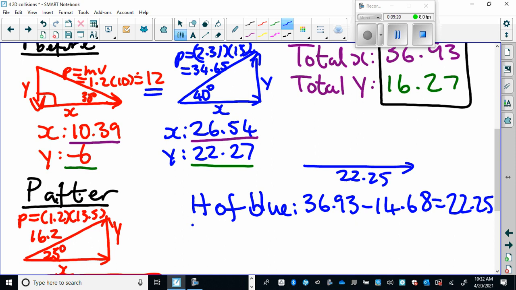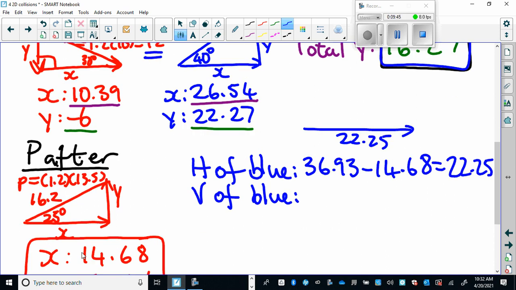The vertical, I should probably just put x and y, but it doesn't make a difference. You get the idea of the blue. Now here's the one that's kind of surprising. For the vertical component of the blue, we started off with the total vertical component of 16.27. The red has accounted for 6.846.